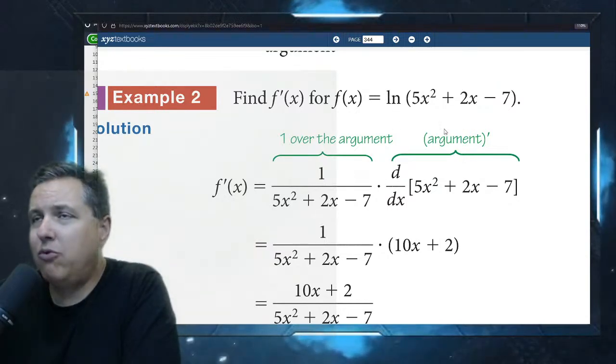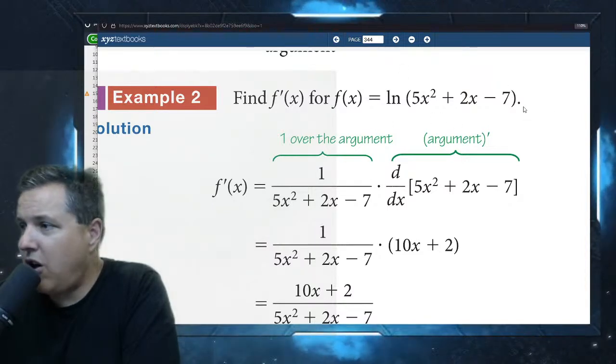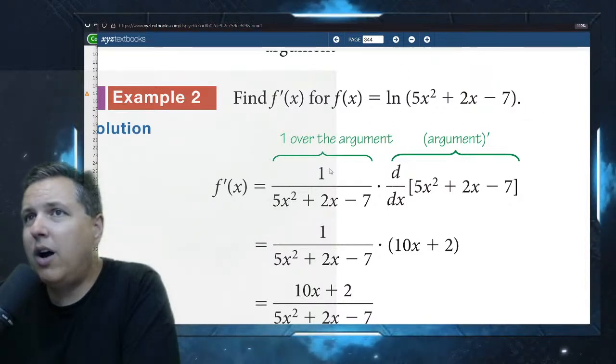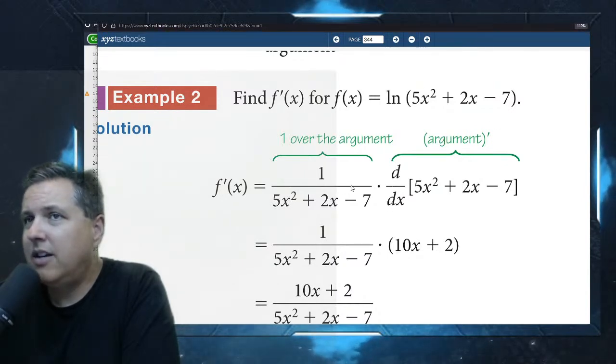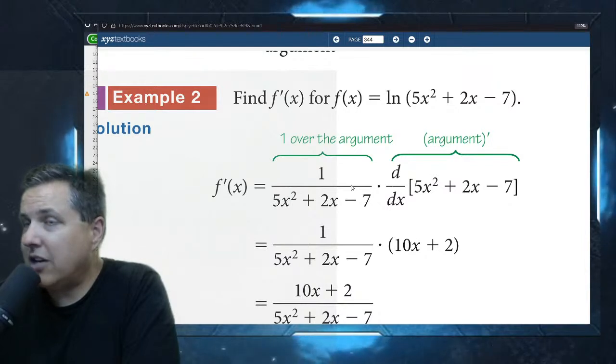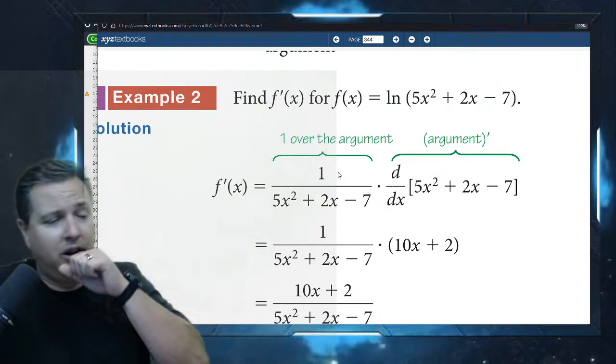So it's not, the derivative isn't just 1 over x, right? That was just the basic natural log of x, take the derivative, you get 1 over x. Here we're taking the natural log of 5x squared plus 2x minus 7. So think about the chain rule. When you take the derivative with respect to the outer natural log function, you get 1 over whatever's in the parentheses, because the derivative of natural log is 1 over x. So we treat that as the outer function.